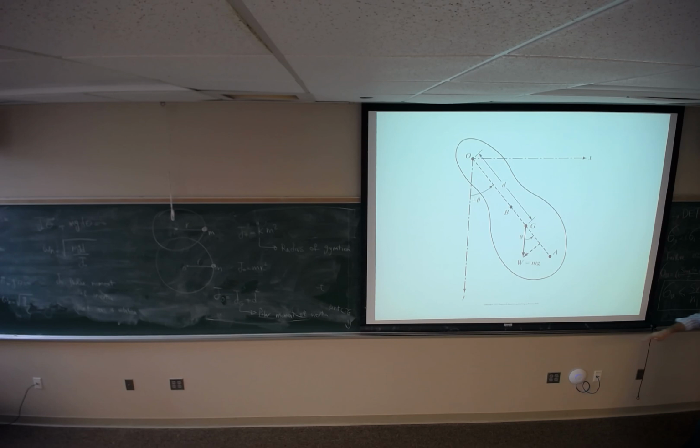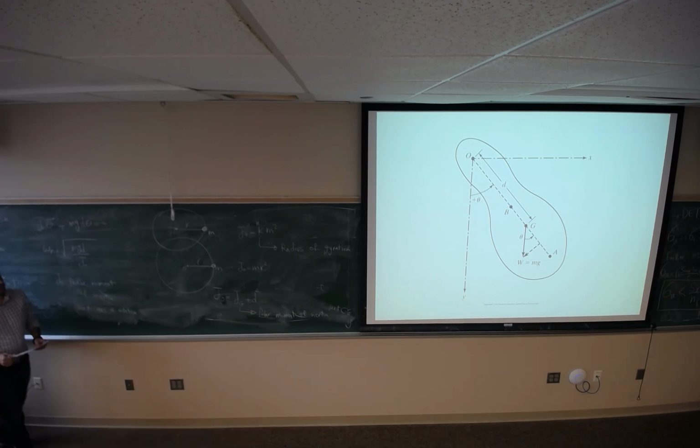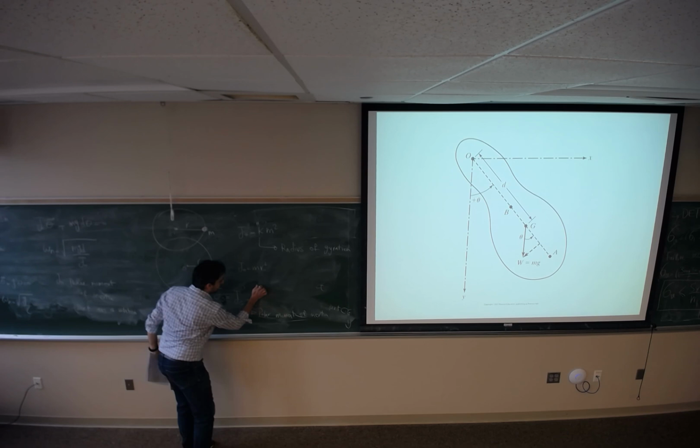So this is going to give me J O equals to J G plus M D squared. I forgot M D squared.